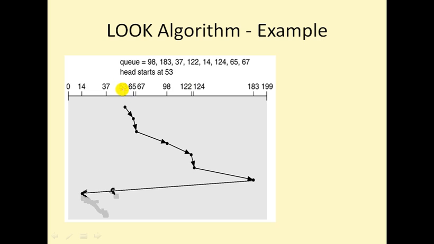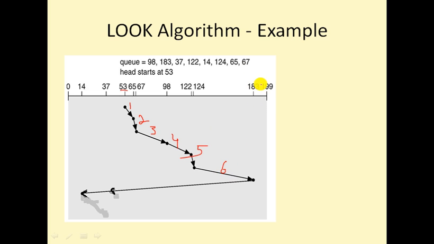From 53, the first move is to the nearest greater number, that is 65. From 65 move to the next immediate number, 67. From 67 it is 98. From 98, 122. From 122, 124. From 124, 183.